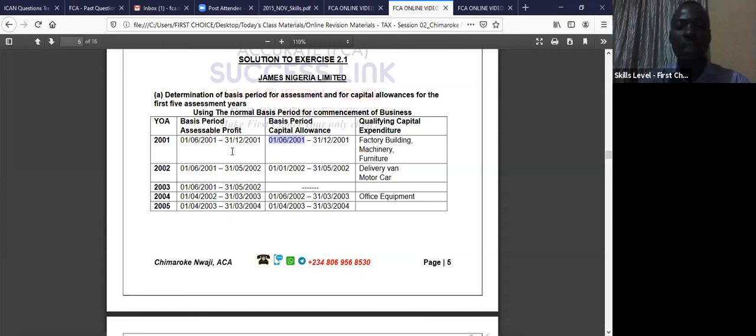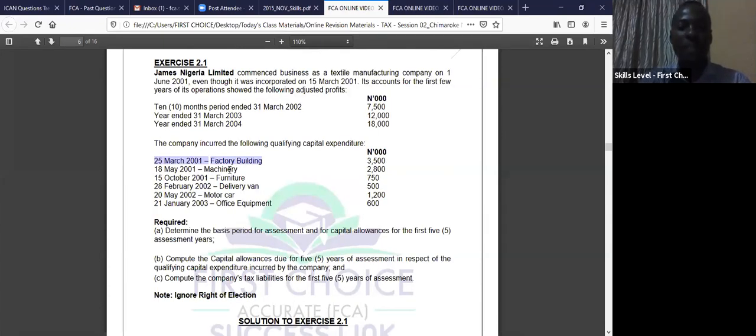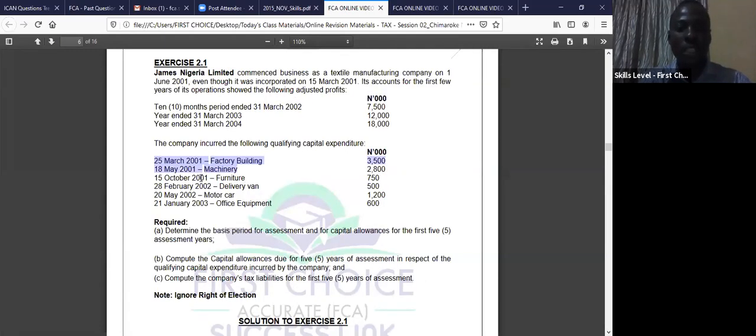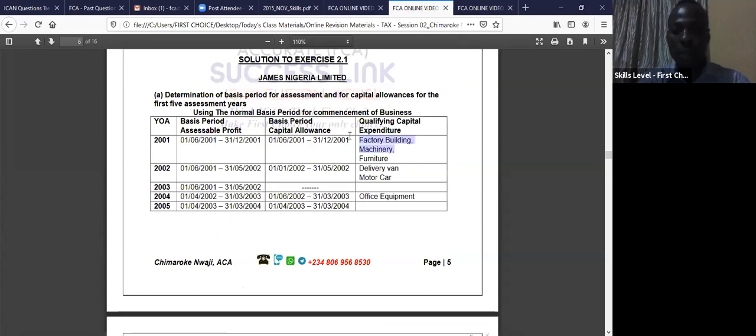So that means that this factory building and this machinery are seen to be bought on the 1st of June. And factory building and machinery is here. Furniture is bought on October 2001. So you see here, October is this size, so furniture is here.